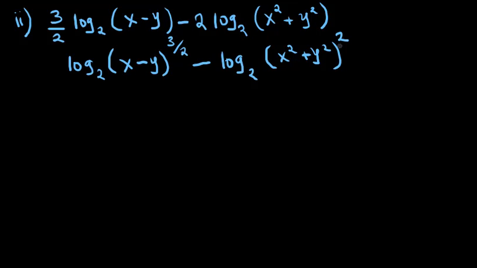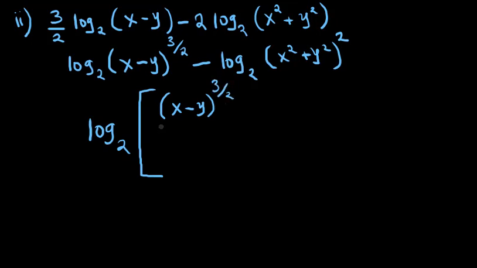And then since the bases are the same, we can write this as log 2 of, with big square brackets, (x minus y) to the power 3 over 2, over (x squared plus y squared), then squared.